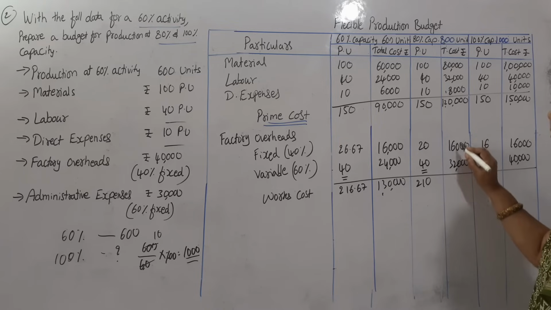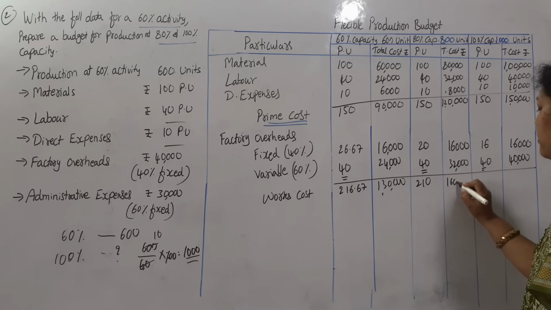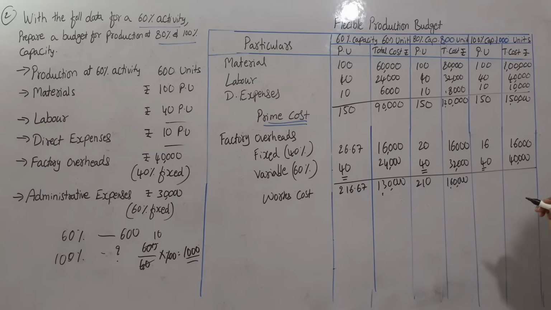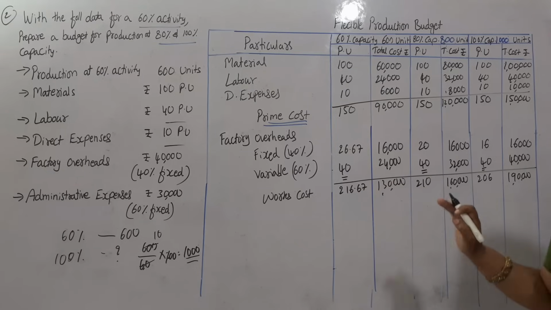And here also 40,000, if we add 1,60,000. This is 190, 206. And this is 40, if we add 1,90,000. So this is works cost.